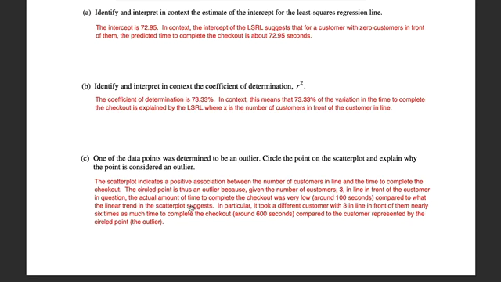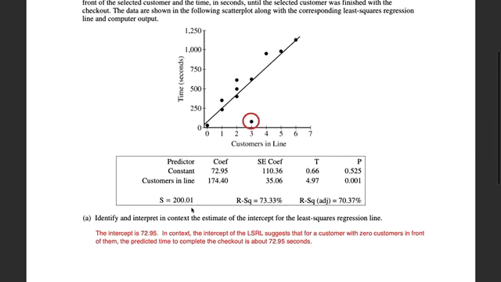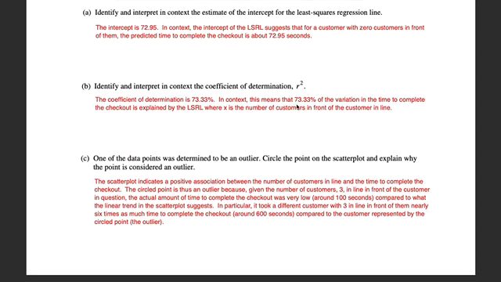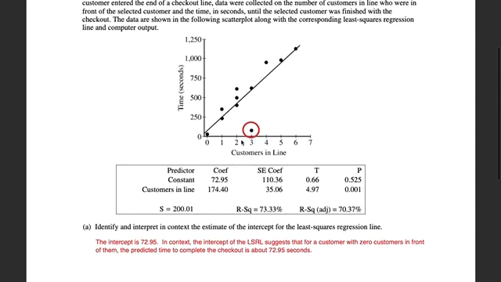And you could make a very specific comparison because notice there is another point with an x value of 3 and it has a much higher y value. So that's very specific. In particular, it took a different customer with 3 in line in front of them nearly 6 times as much time to complete the checkout, around 600 seconds. So notice for this customer with 3 customers in line, I can read off the y value. I just approximated it.